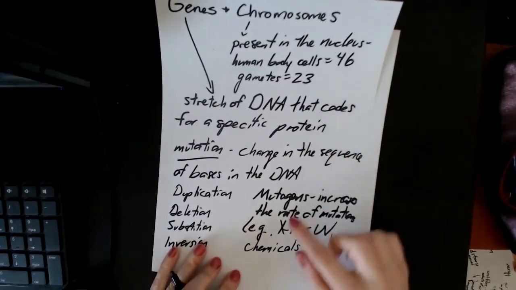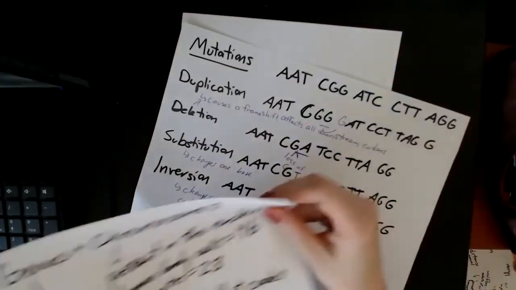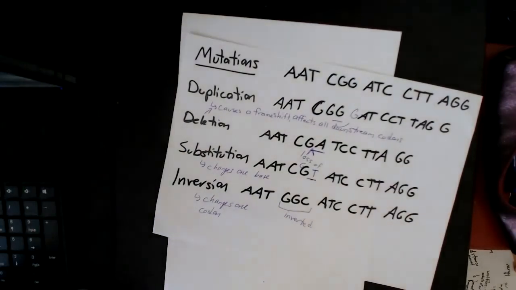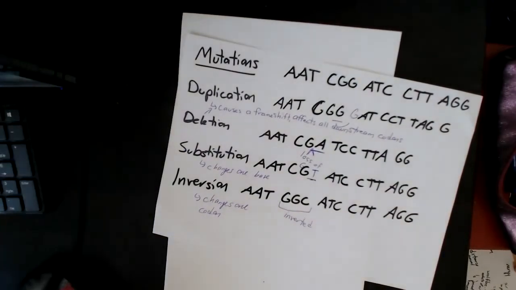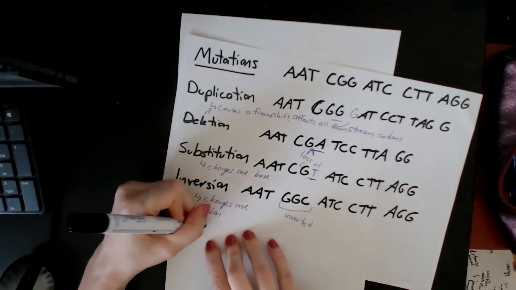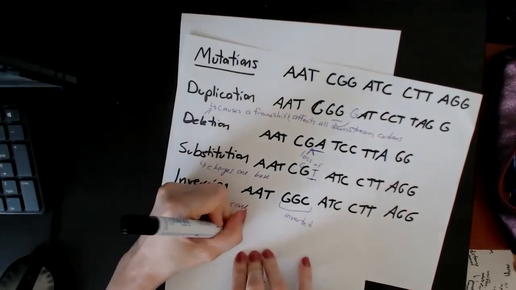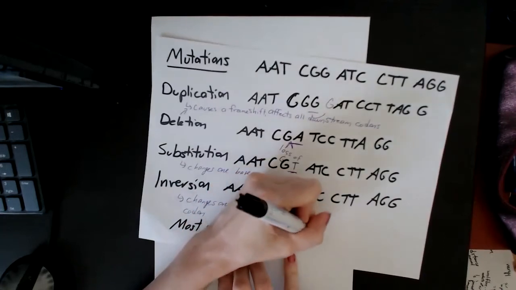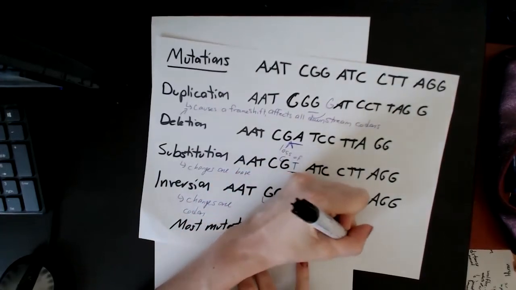And the thing about mutations, as hopefully evidenced by this, is that most mutations are bad news for an organism. They have a detrimental effect on organisms. Some of them have no effect at all.